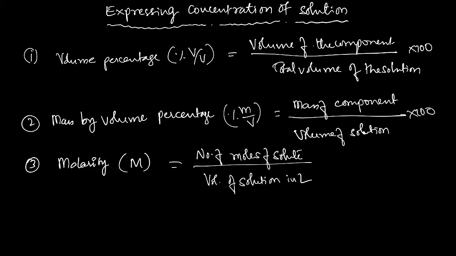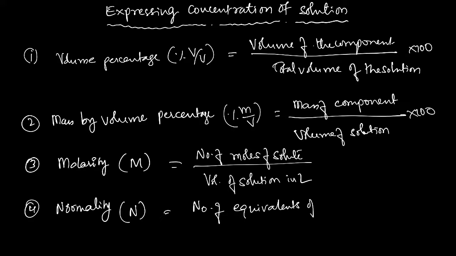The last one which we generally use is normality, indicated by capital N. It is defined as the number of equivalents of solute divided by the volume of solution in liters.